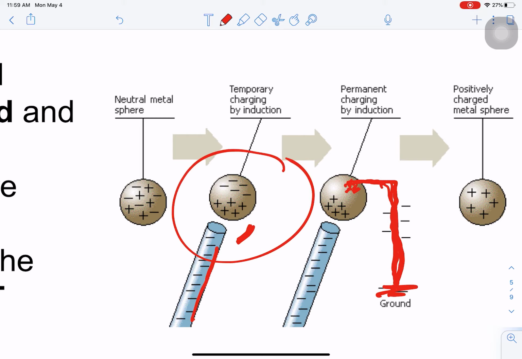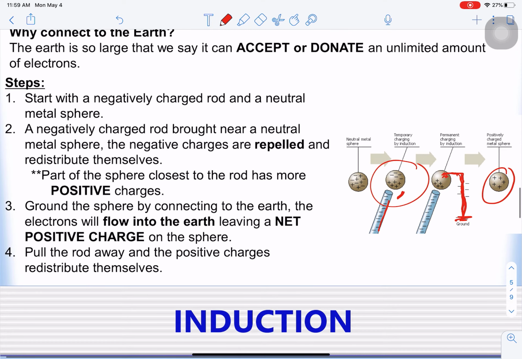Once it gets to the wire, we know the wire can run into the ground, because it goes from a place of higher electrons to a place where there's lower electrons. So it will flow through the wire into the ground. And as a result, since we lost those electrons, the sphere is now positively charged. This is charging by induction. And it's explained right here.